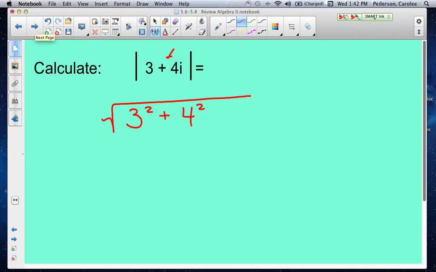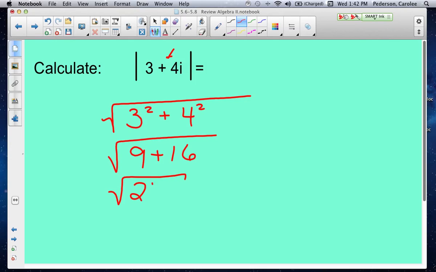No. So then we have 9 plus 16, which is 25. And then the square root of 25 is 5. This happens to be a nice number. I made up the problem too.